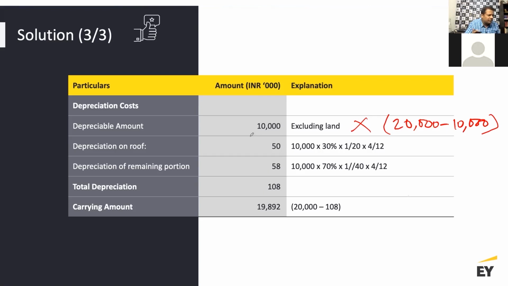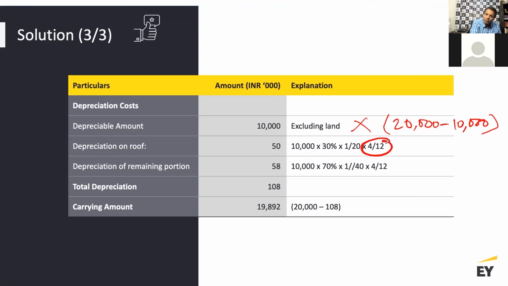You have the information on useful life. And then you have the roof, right? Remember the roof: the life of the roof is 20 years, and the cost of the roof is 30% of the total cost. So I need to determine how much the depreciation is. I'm first going to determine the depreciation on the roof, which is 10,000 of 30%, times 1 by 20 for 20 years, times 4 by 12, which is December, January, February, March, 4 months, right?